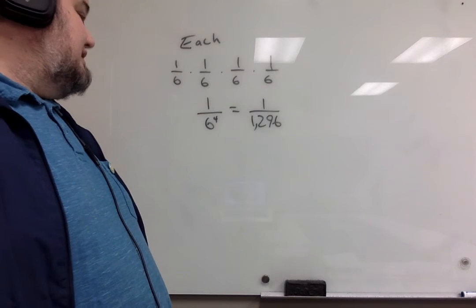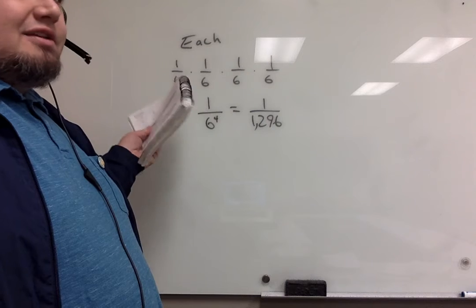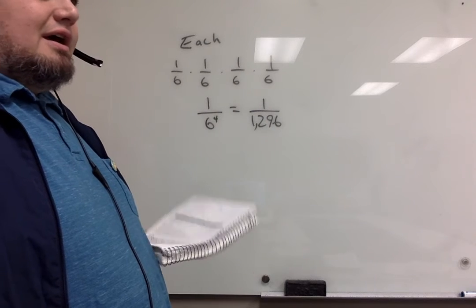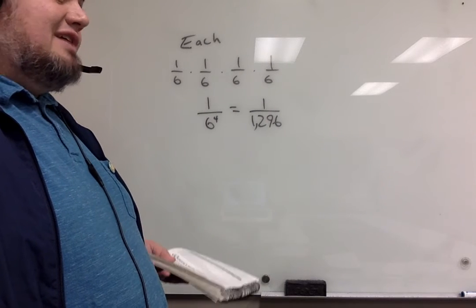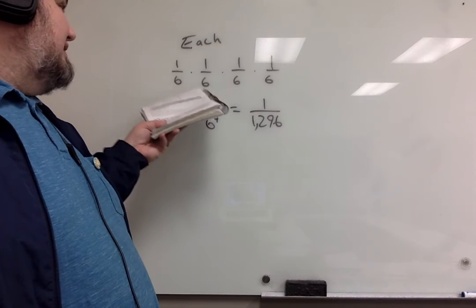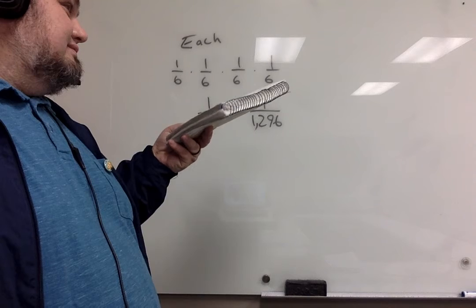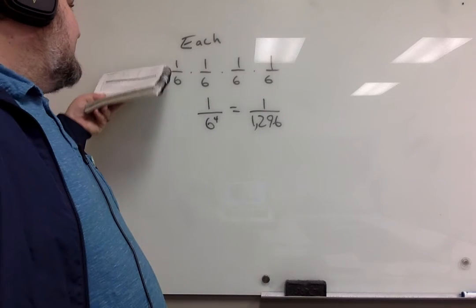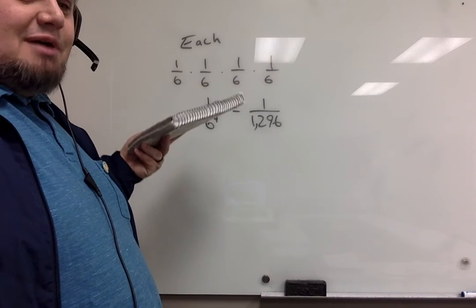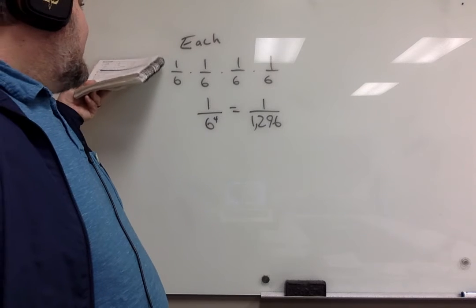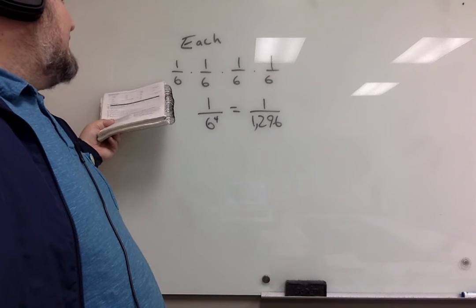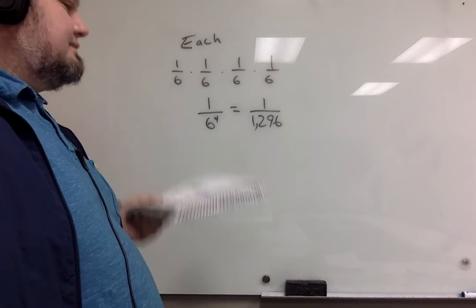To find these more complicated events, we take each independent event, which was just rolling a die, and we multiply them. The way we find the probability of each independent event is the same as before: the number of favorable outcomes, there's 1, out of the number of possible outcomes, 6.